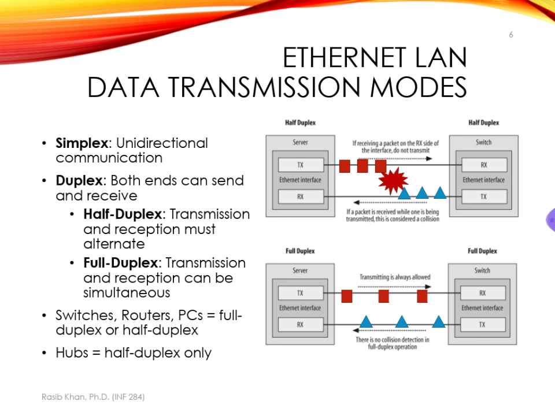And this can occur at the same time. So today, switches, routers, and PCs are mostly full duplex, but they also support half duplex connections. But for the most part, they are generally configured to full duplex connections.